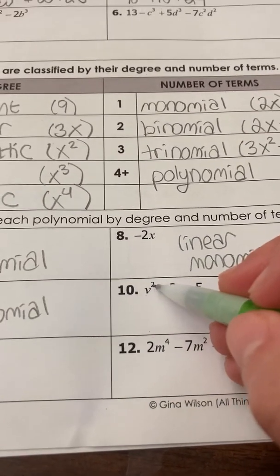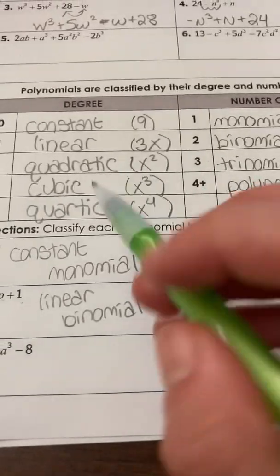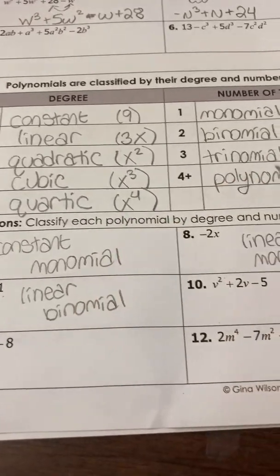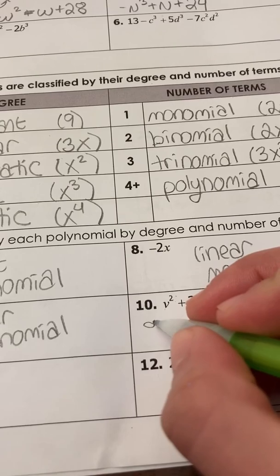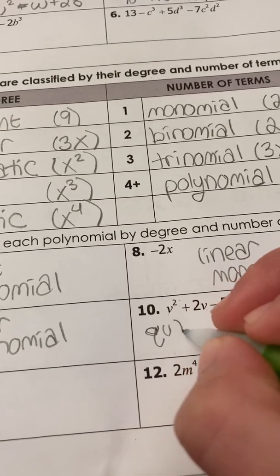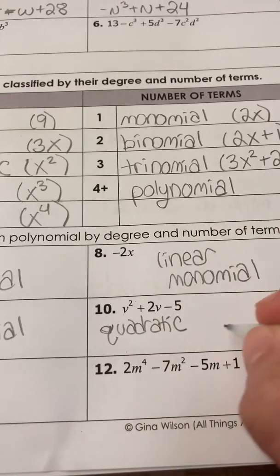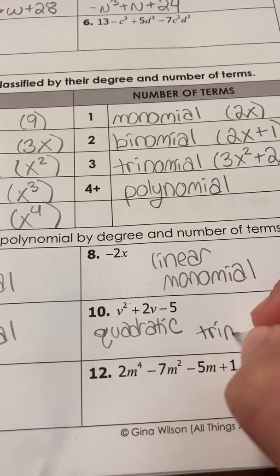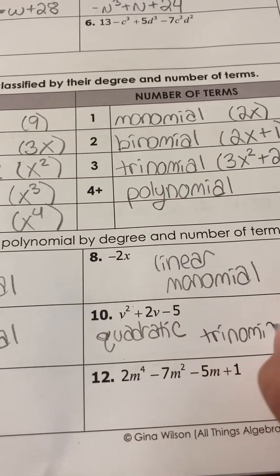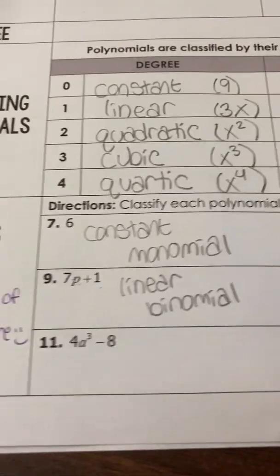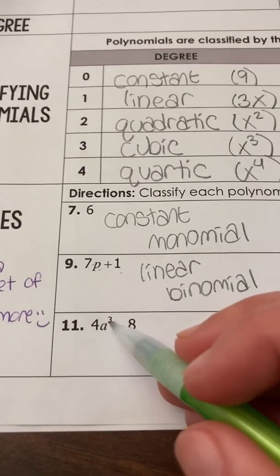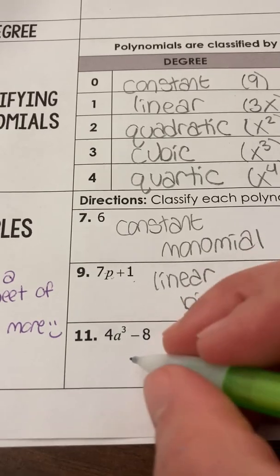Now we finally have a number there, so it's a squared. So that fancy name for squared is quadratic. You'll see this a lot throughout the rest of math. So this would be a quadratic. And there's three terms, so that would be a trinomial. This one, the highest degree is 3, so that would be a cubic.